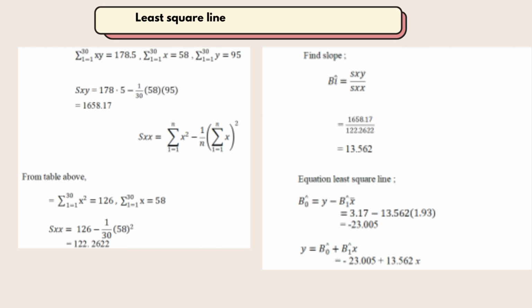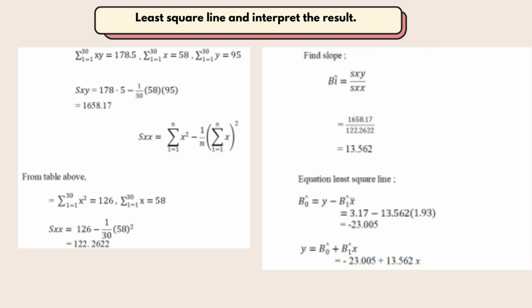Assalamualaikum warahmatullahi wabarakatuh. I am Nur Fadila Atasha. Now we want to get a least squares line. The formula is y equals beta naught plus beta one x. So first we need to find Sxy. The formula for Sxy is summation xy minus 1 over n times summation x times summation y.